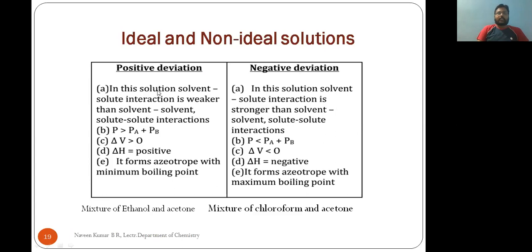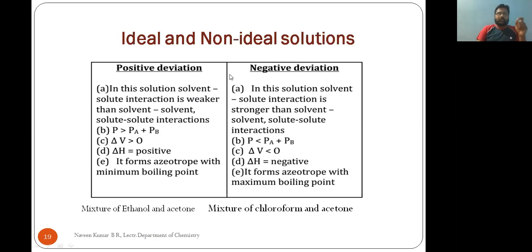First we can think about solute-solvent interaction. To show positive deviation, the solute-solvent interaction formed in the solution is weaker when compared to solute-solute and solvent-solvent interaction. Whereas in the case of a solution showing negative deviation, the solute-solvent interaction will be stronger when compared with solute-solute and solvent-solvent interaction.